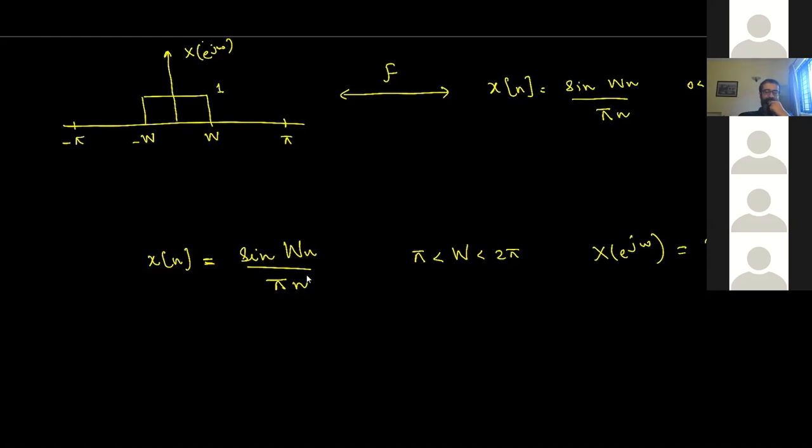So my approach to this would be to try to find an equivalent for this, because of the periodicity of the sine function, which ensures that whatever frequency you have comes back between minus pi and plus pi.